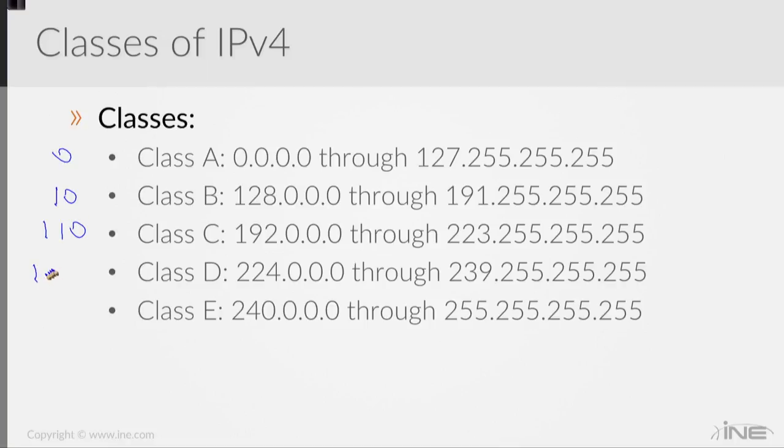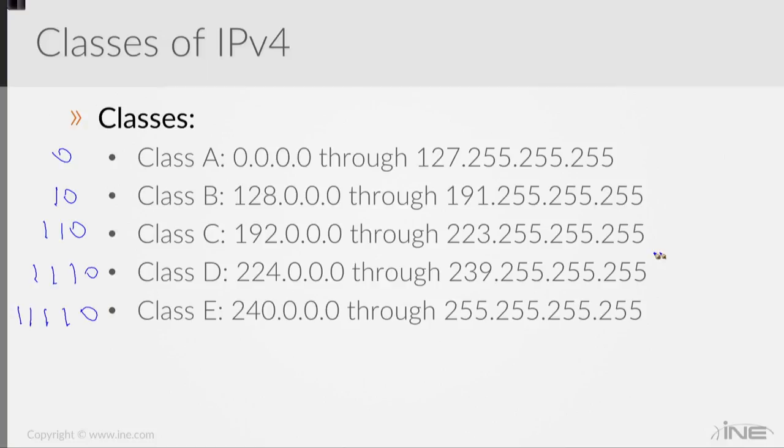It'd be 1, 1, 1, 0. How do you think you'd represent a class E address in binary? 1, 1, 1, 1, 0. So this is how, back before subnet masks were invented, devices knew what their IP addresses were.